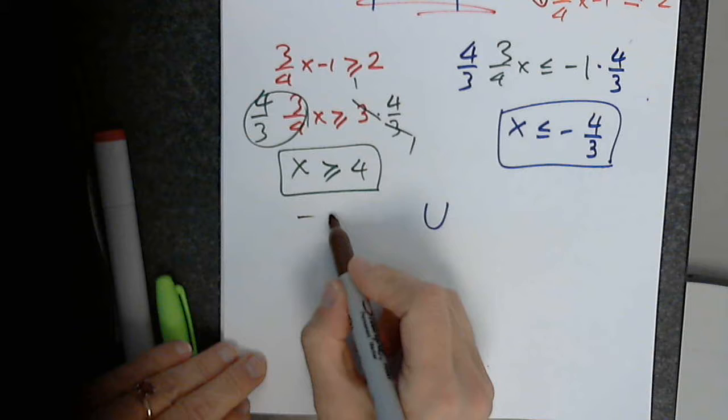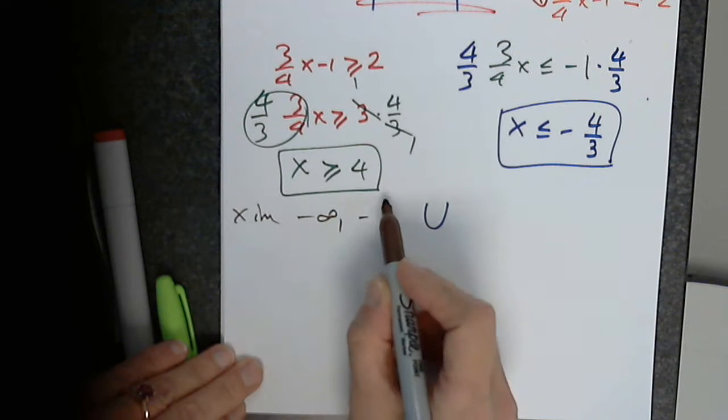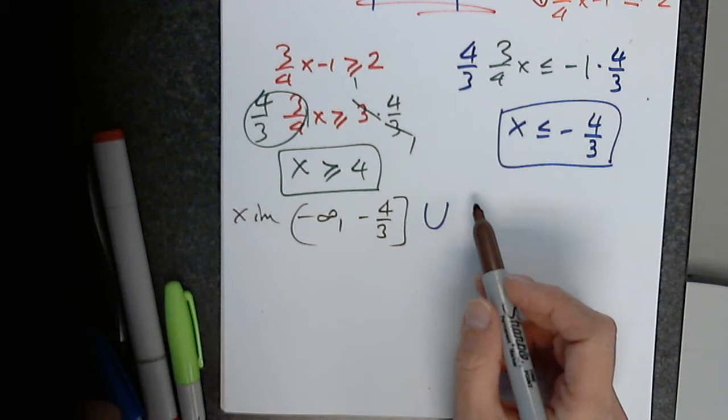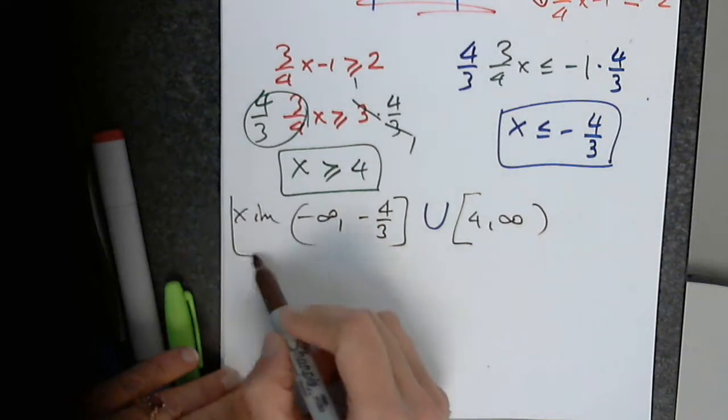Negative infinity, negative 4/3. Very good. Excellent. And bracket 4 to infinity. Excellent.